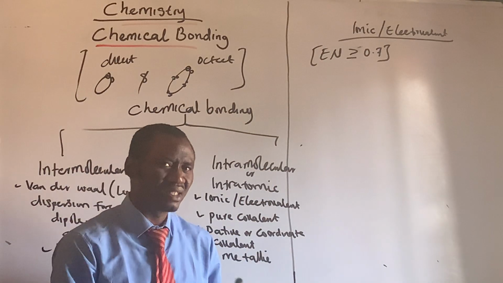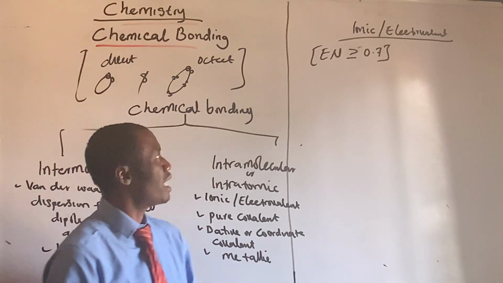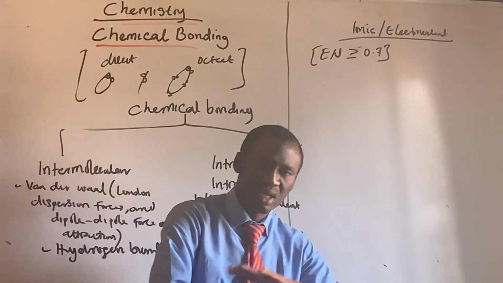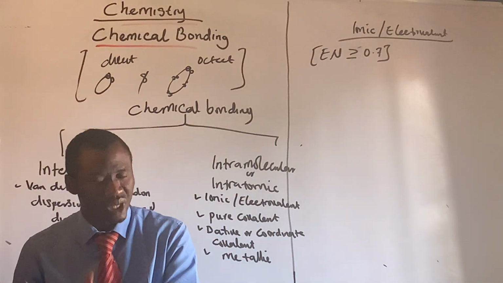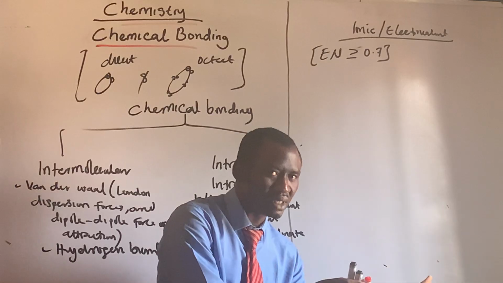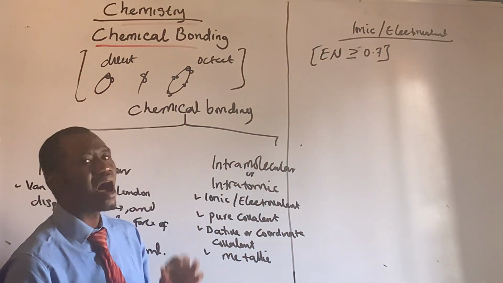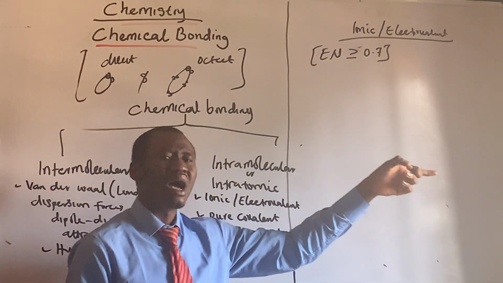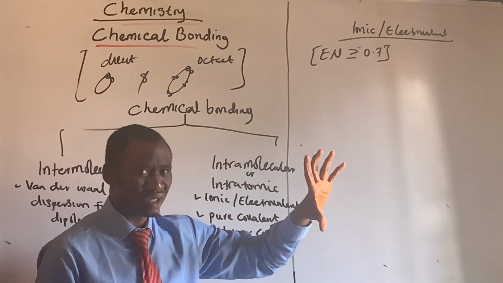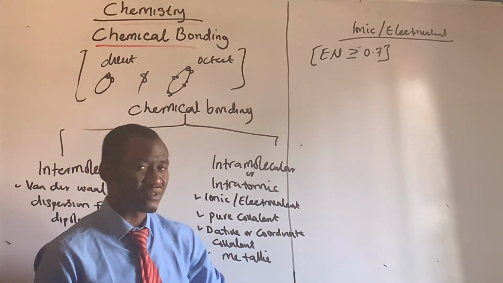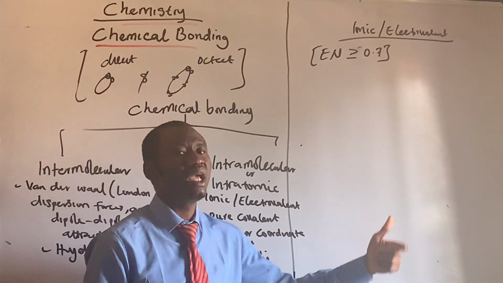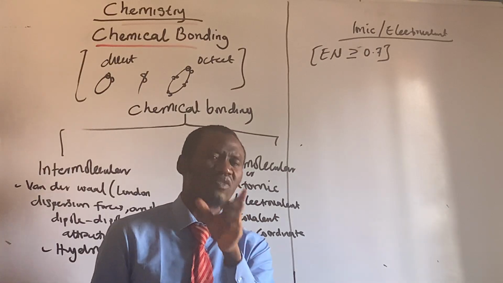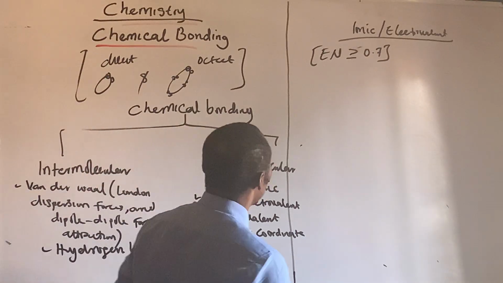In layman's language, electrons are transferred from a metal to a non-metal in order to achieve stability between the atoms involved in the reaction. So let's give an example.